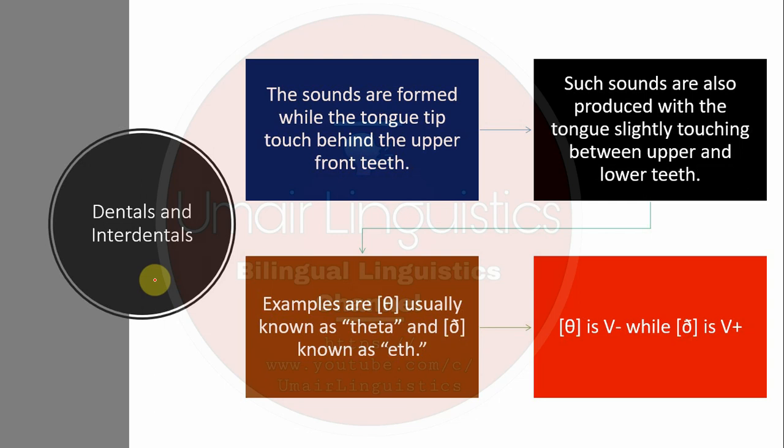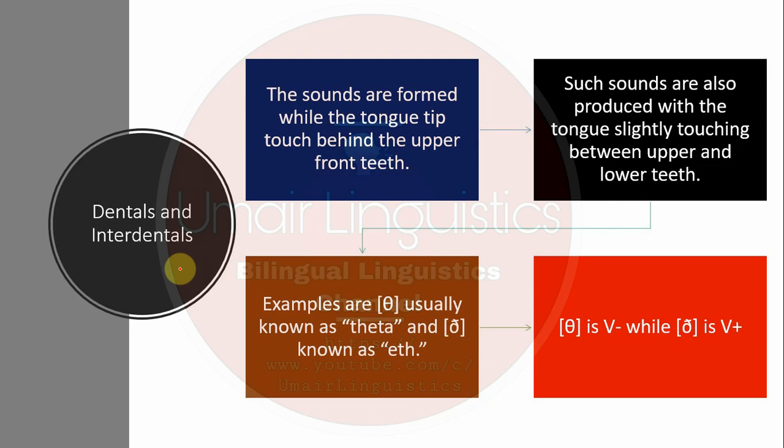In different varieties of English, sometimes speakers produce this sound when the tongue touches just behind the upper teeth, not on the alveolar ridge but on the upper teeth. And in some varieties of English, speakers produce these sounds with the tongue protruding, coming between the upper and the lower teeth. In that case, the same sounds are called interdentals.